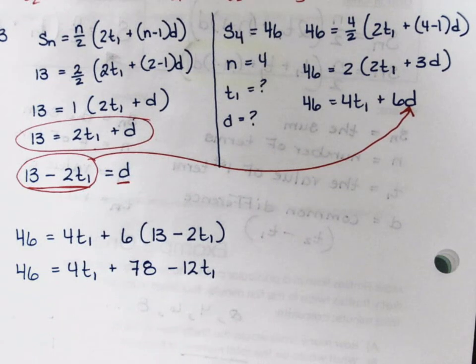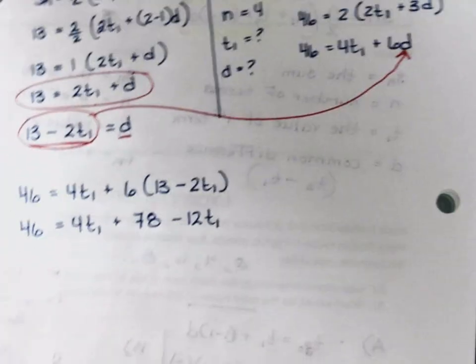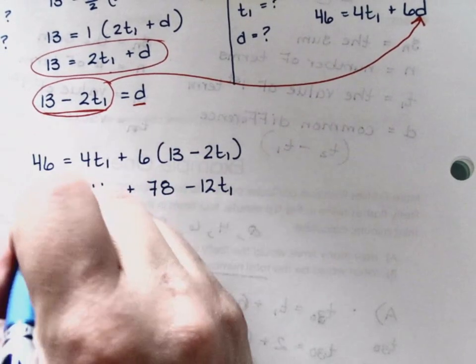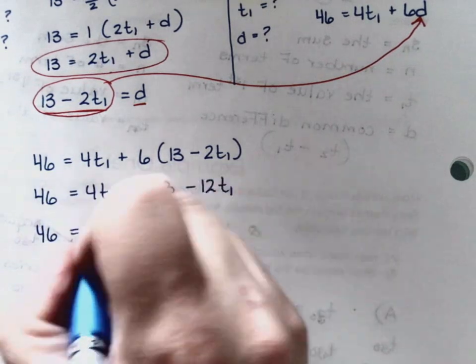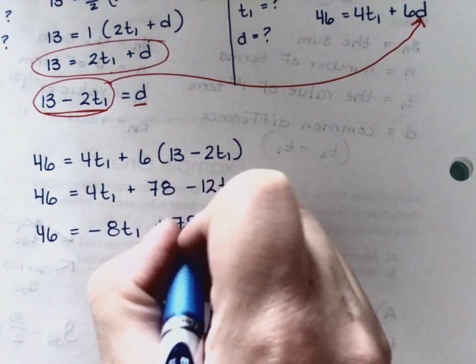Once we have T1, we can solve a whole bunch of stuff. If we solve for the value of T1 just by using basic algebra, I got 46 equals negative 8T1 plus 78.